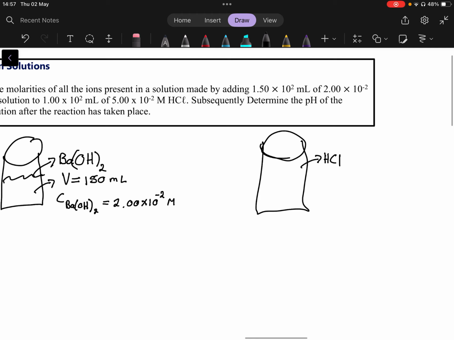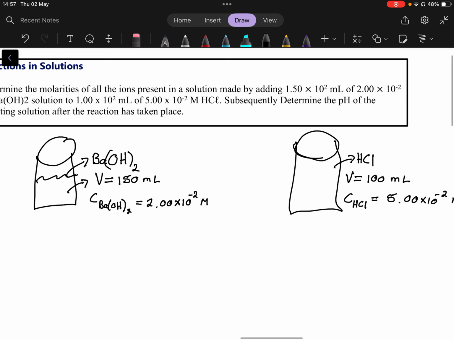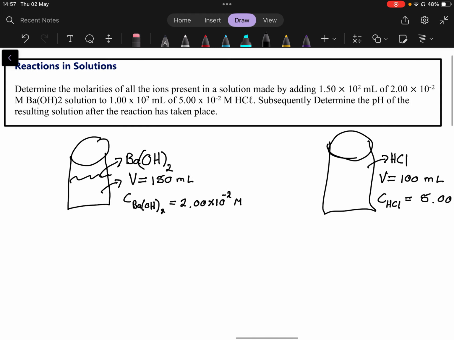For the hydrochloric acid, we're given the volume, which is 100 milliliter. And we're given the concentration of the hydrochloric acid to be 5.00 times 10 to the negative 2 molar. Okay, so that's our situation.